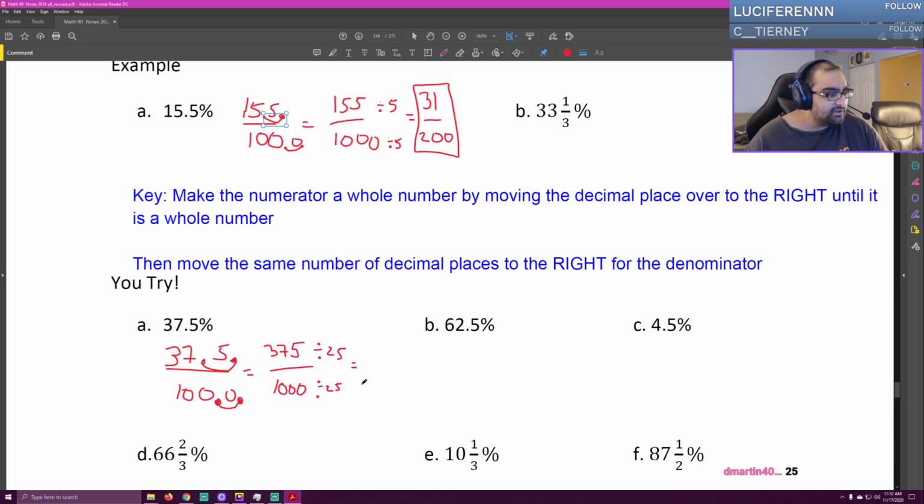So let's take a look here. 375 divided by 25. What's that going to be? 15.